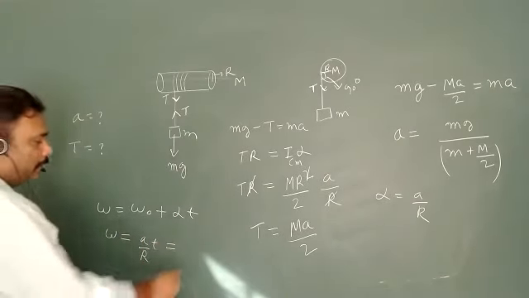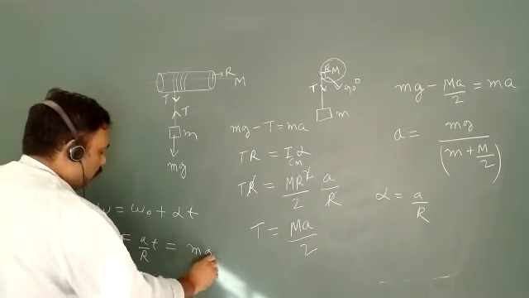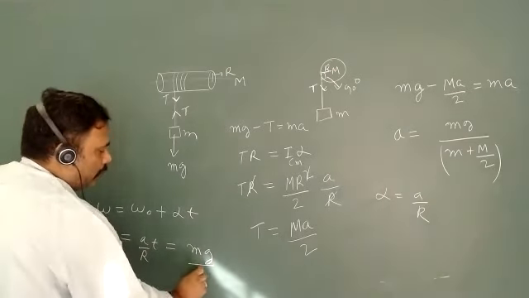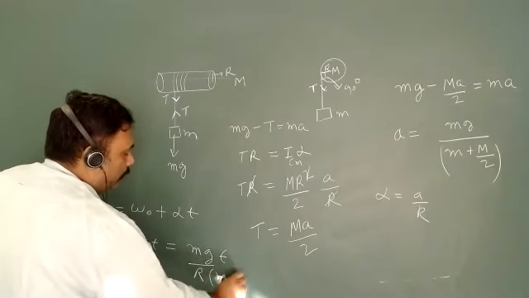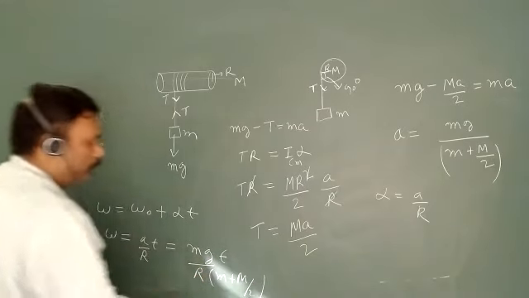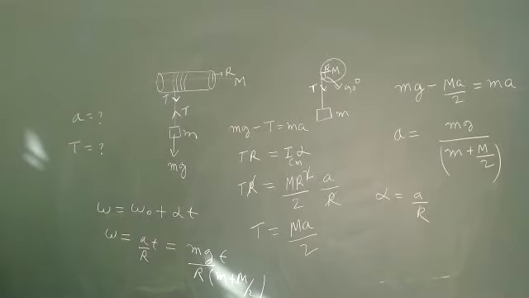And this value is mg by R into t, divided by M plus M by 2. So this is my omega.